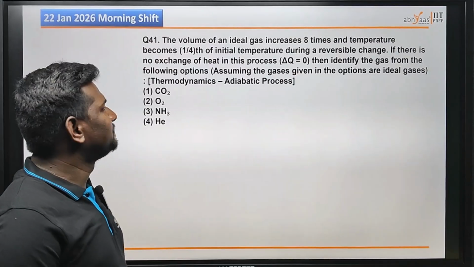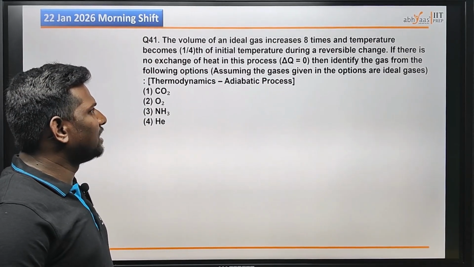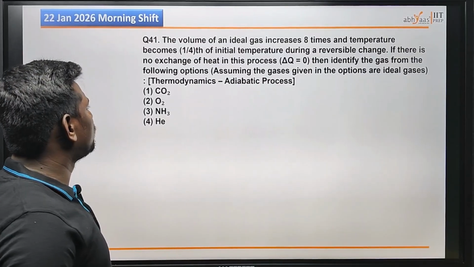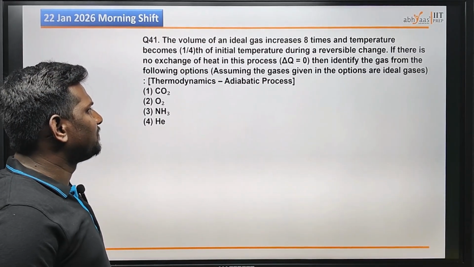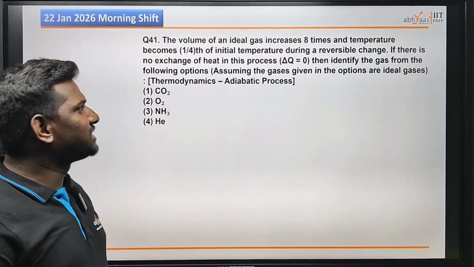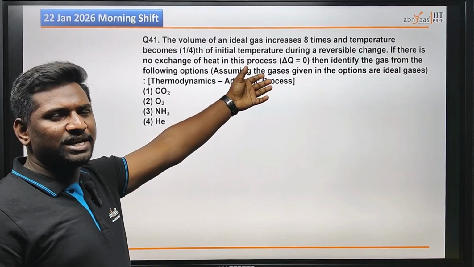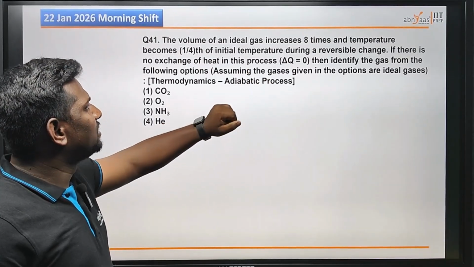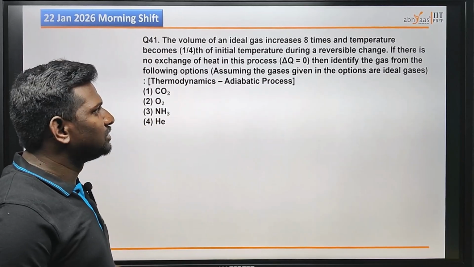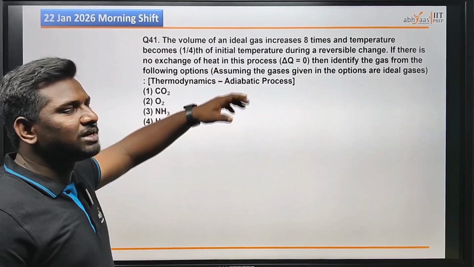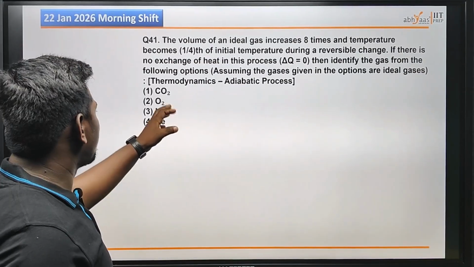Question number 41. The volume of an ideal gas increases 8 times and the temperature becomes 1/4 of the initial temperature during the reversible change. If there is no exchange of heat in this process, here what they are saying is delta Q is 0. Then identify the gas from the following options. They have given the condition in volume and temperature, and they are asking what the gas is.